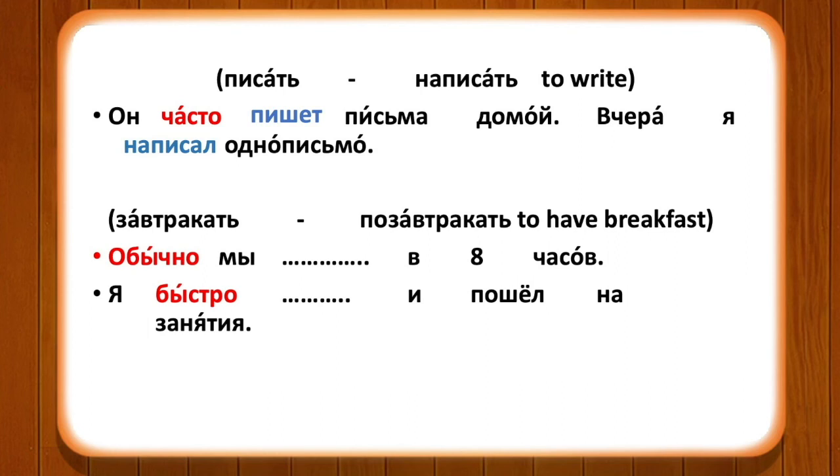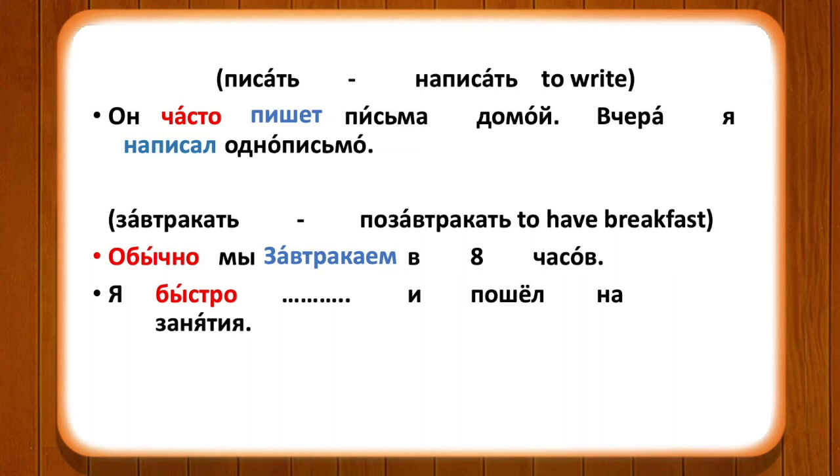So in the first sentence, you will be using the imperfective aspect zavtrakat', and you will be using the conjugated form according to the pronoun мы. So мы завтракаем. So the correct form of the sentence would be обычно мы завтракаем в 8 часов. It means that usually we have breakfast at 8 o'clock.